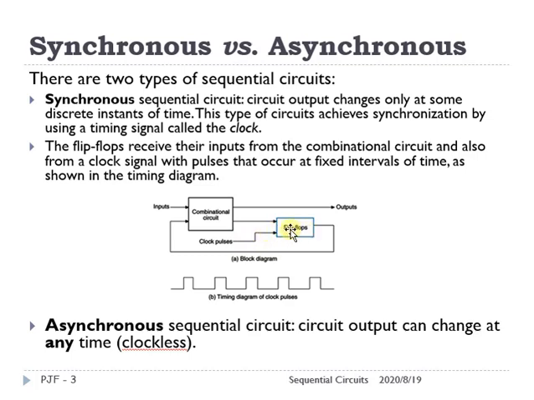In general, we can control the function of the sequential circuit using these clock pulses, which are input into the flip-flop, which acts as the memory element of this sequential circuit. Whereas in an asynchronous sequential circuit, the output can change at any time, as we do not use any clock signal.